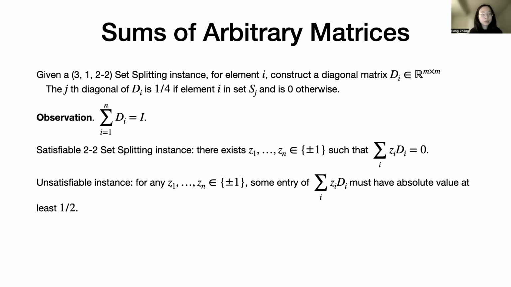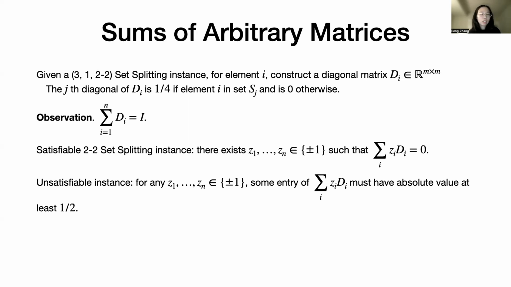Okay, if the 2-2 set splitting instance is a satisfiable instance, then there exists Z1 through Zn, each with values 1 or -1, such that the sum of Zi Di equals 0.